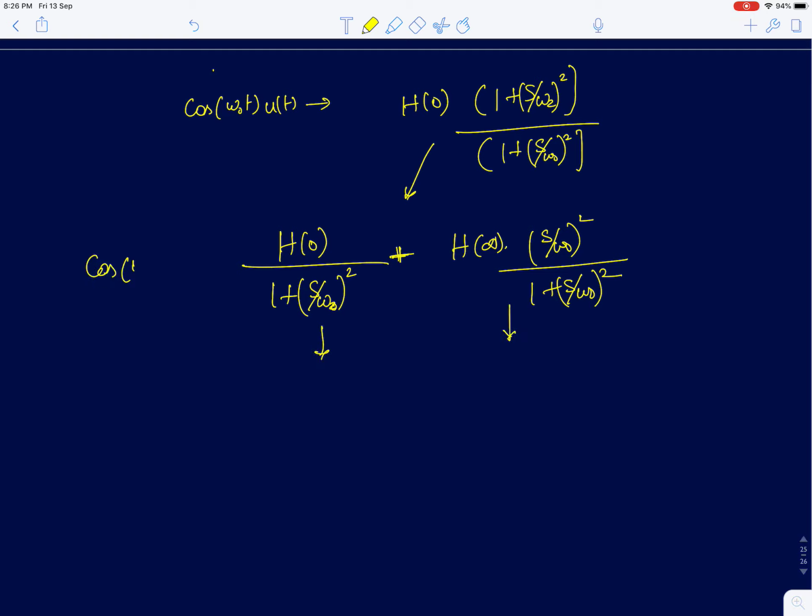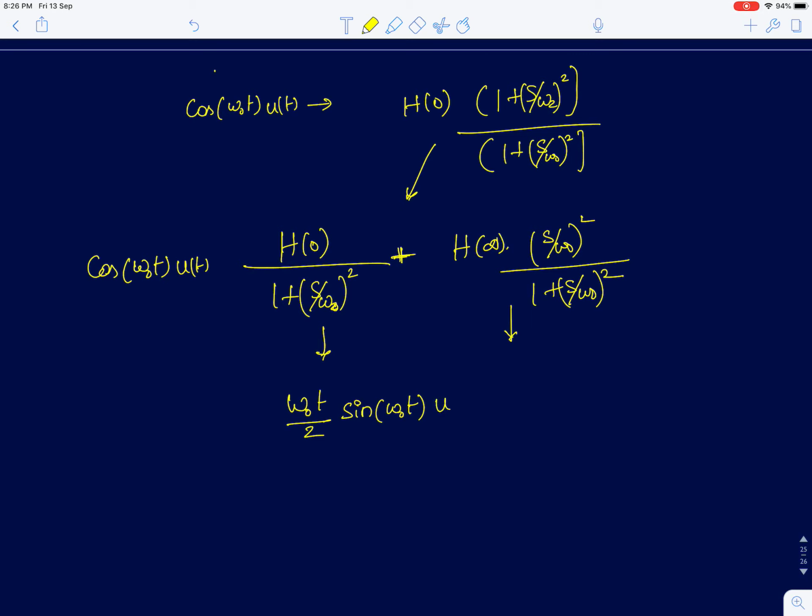If I feed a sinusoid which is cos omega naught t into u of t to this system, we are going to get a sinusoid whose amplitude is going to be increasing linearly. We'd get omega naught t by 2 sine omega naught t into u of t, into h of 0.